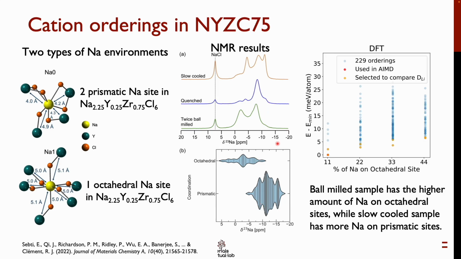So this echoes our DFT result that with more sodium on the octahedral sites, we actually have a higher energy of the structure, which is a reasonable result, as ball milling tends to help the system go to higher energy states.